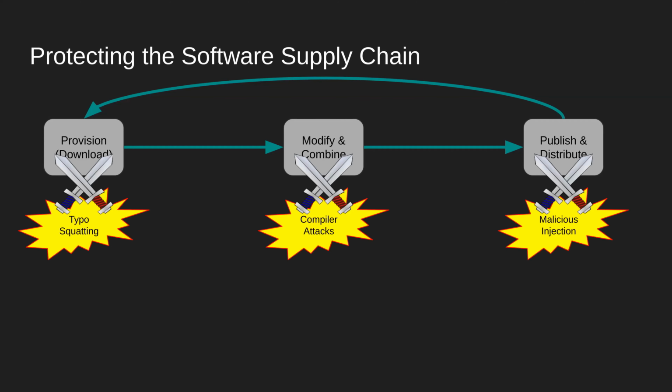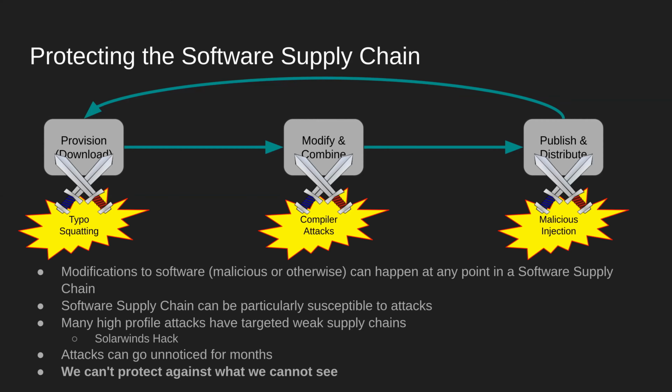And there are actually known attacks. These are just a few examples of things that can happen at each of these phases of the software supply chain for any given component in your system. And if any of these are compromised, then that could compromise your entire product that you've produced.